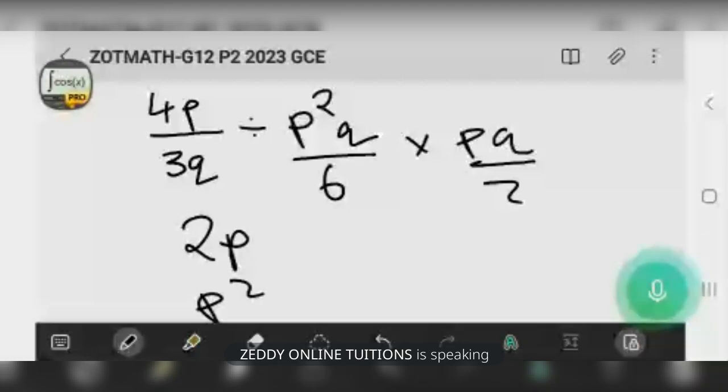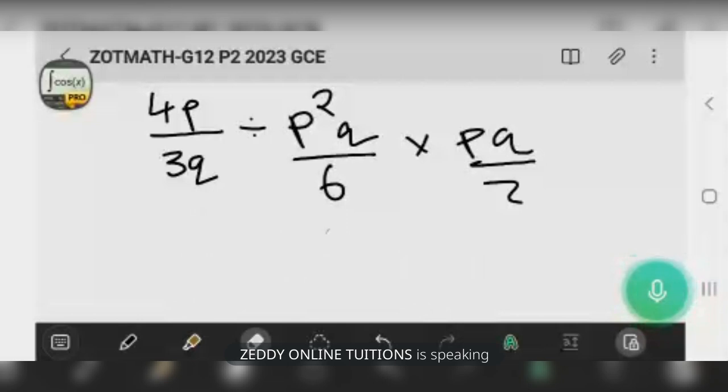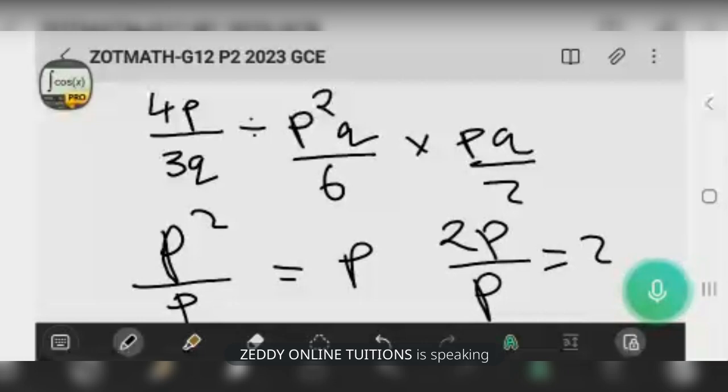In here 2p, it means that there's a p plus p. But here it means that there's a p times p. That is why when you've got p squared over p, the answer is p. But if you've got 2p over p, the answer is 2. You see? Are you getting the point? So that's the thing.